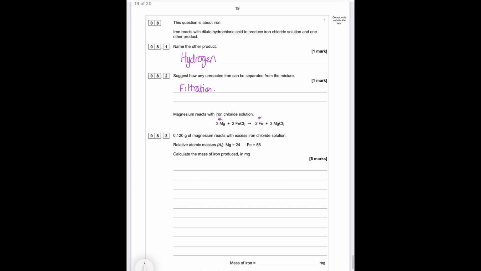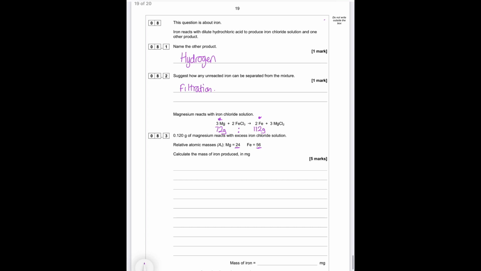So if we work out the masses, the mass of magnesium is 24, so 24 times 3 is 72. So 72 grams of magnesium would produce iron. The atomic mass is 56, so 56 times 2 is 112 grams of iron. So 72 grams of our magnesium would make 112 grams of our iron.